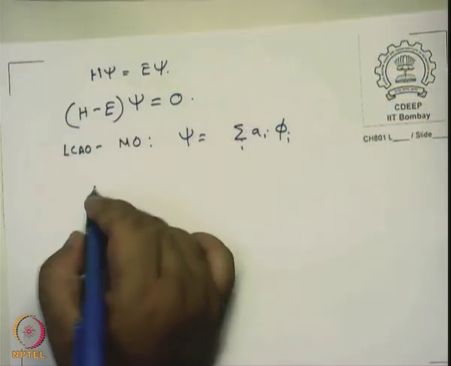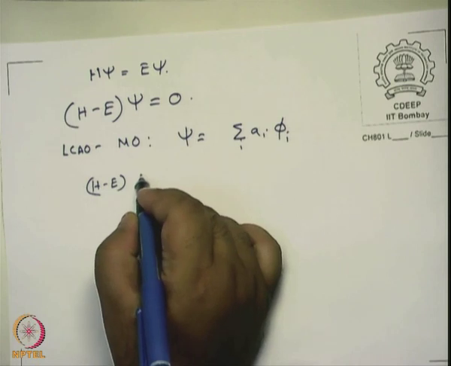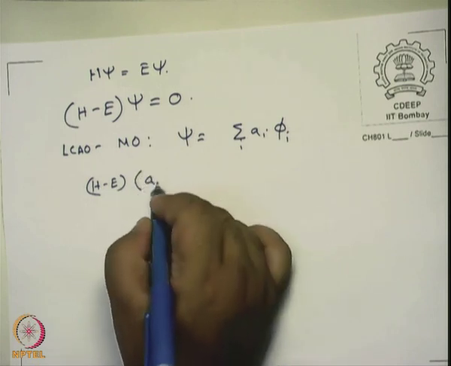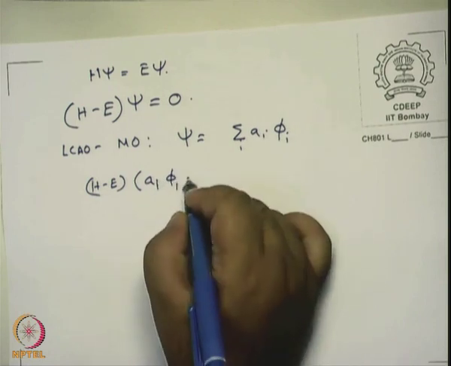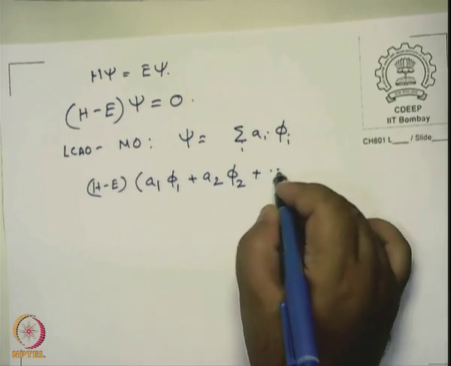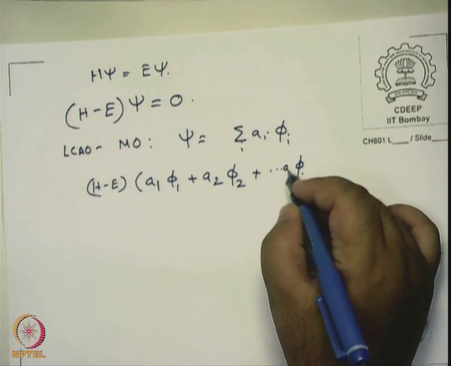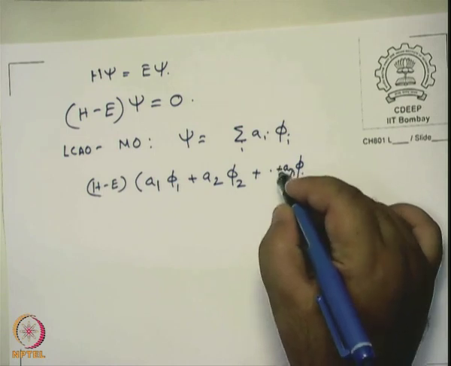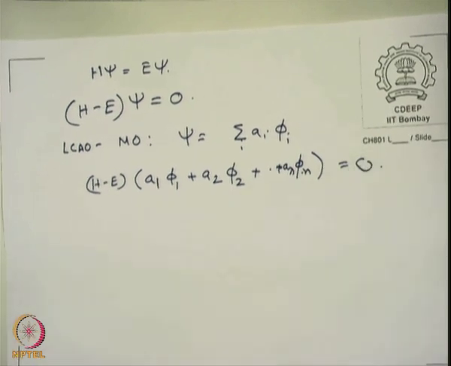So, what we try to do is this: we write H minus E acting on the sum, a_1 phi_1 plus a_2 phi_2 plus so on and so forth, using n number of atomic orbitals, up to a_n phi_n, equal to 0.